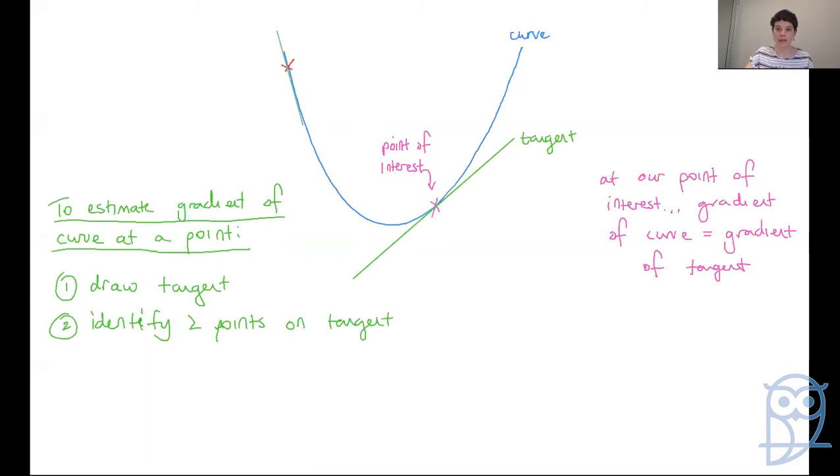For example, we could take this point here and this point here, and we would need the coordinates. So x1, y1, and x2, y2. Does that give you an idea of where we're going? Once we have 2 points on our tangent, we can calculate the gradient because our tangent is a straight line.